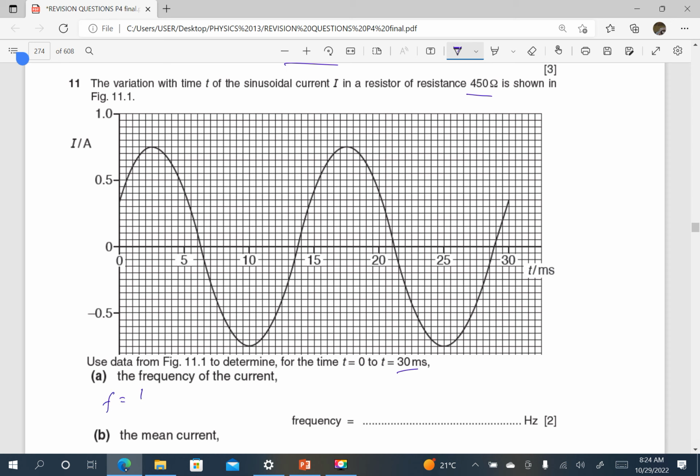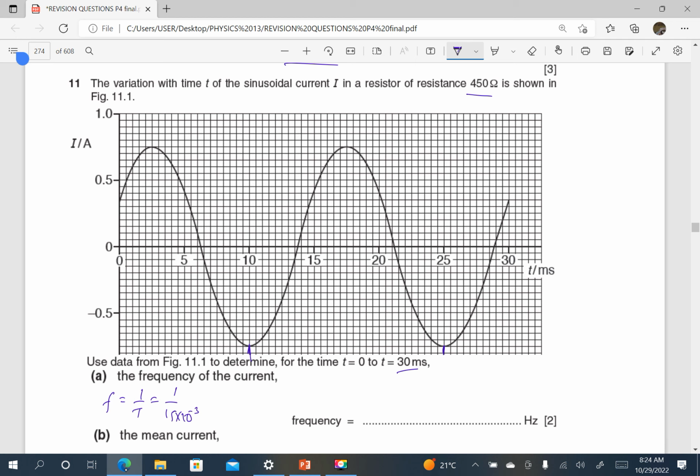The frequency is equal to 1 over the period. I can't count the period from here up to here, but I can consider this point here and that point there. You notice between 10 and 25, the period should be 15. So this is going to be 15 times 10 power negative 3.